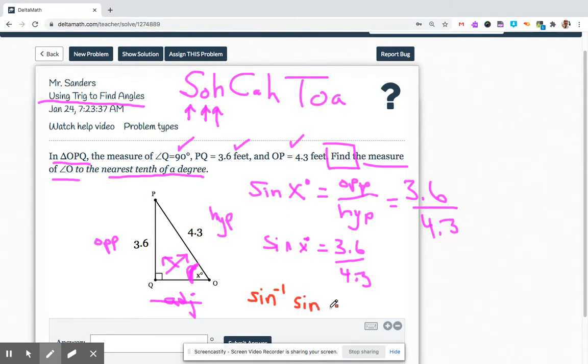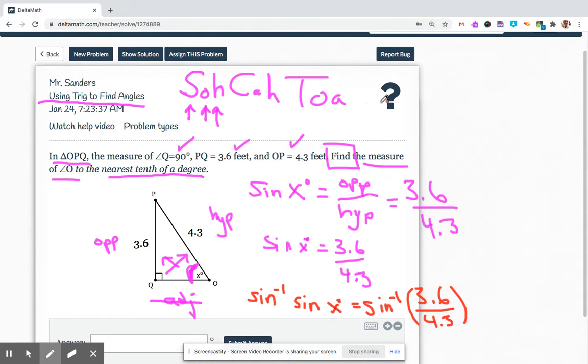So sine inverse of sine of x degrees is equal to sine inverse of 3.6 over 4.3. When you're doing this on the calculator, make sure you calculate 3.6 divided by 4.3 first, then do the sine inverse on it.